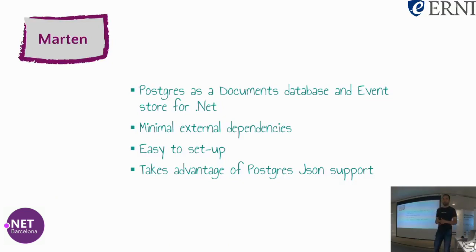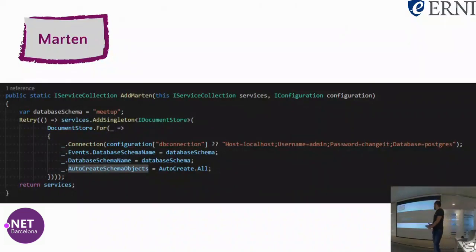It allows you to use it as a document database, or in our case, as an event store. You set a schema for the event store and a schema for the document store. You can use the same schema like we did, and you can tell it to automatically generate the migration for your database. If the database doesn't have the tables that it needs, it will automatically create them.